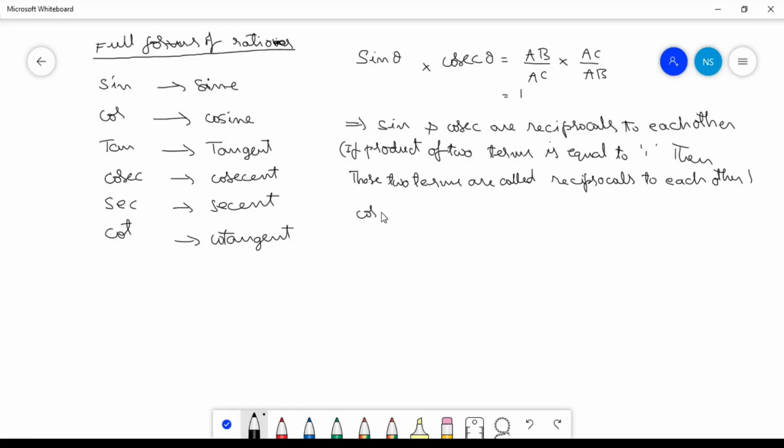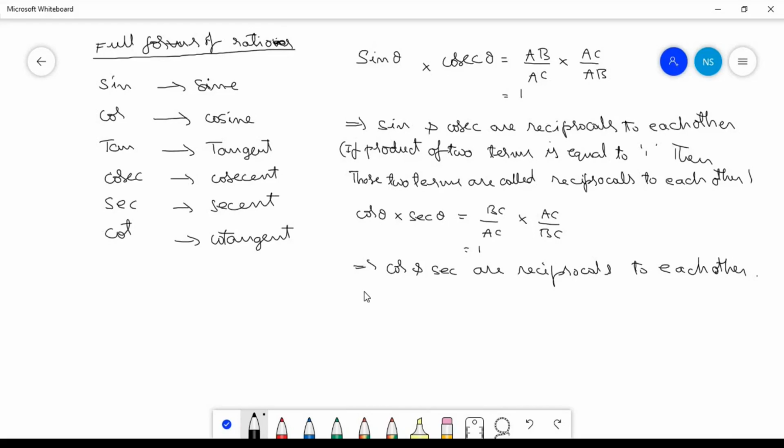Next, cos theta into secant theta is equal to BC by AC into AC by BC, which is also equal to 1. That implies cos and sec are reciprocals to each other.